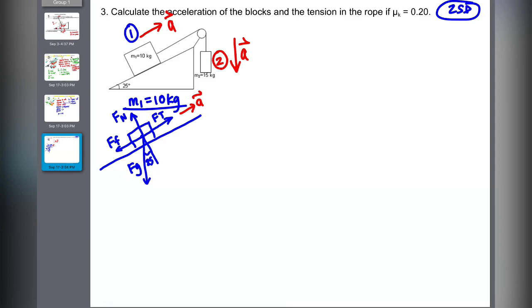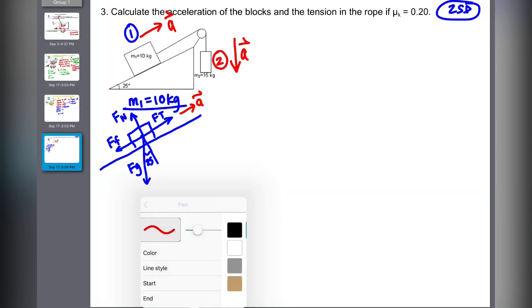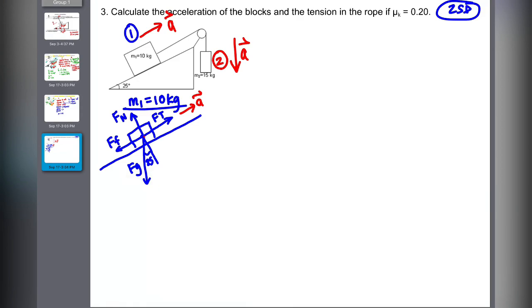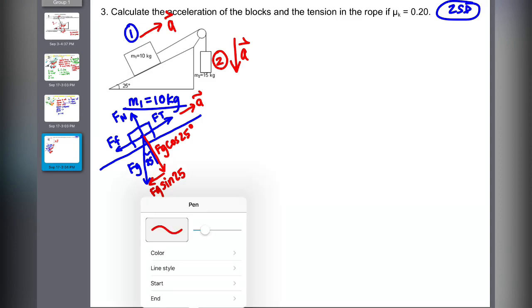Okay, I'm going to say that is going this way. Okay, analyze the force along X. Now this is like everything all together, right? So do you notice anything else you need to do? FG on an incline, you break them into components. So going down and going backwards. So FG sine of 25, and this is FG cos of 25.